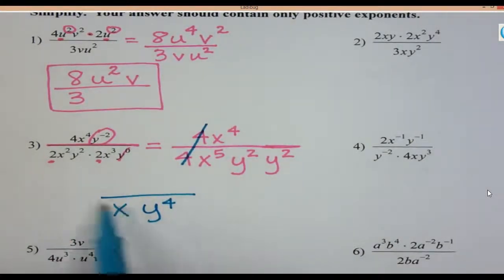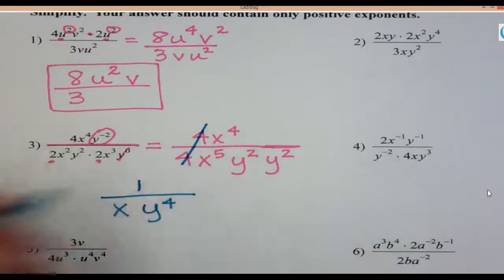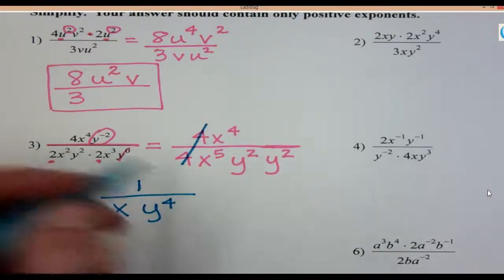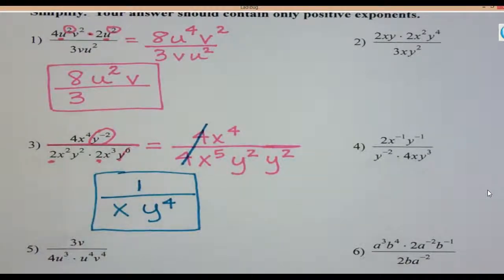Now notice, though, I've got this line, and I've got nothing on the top. What goes on the top is we have simplified this out to be 1 on the top. So this is a fraction where 1 is in the numerator.